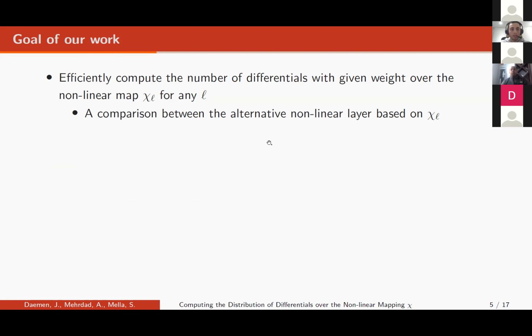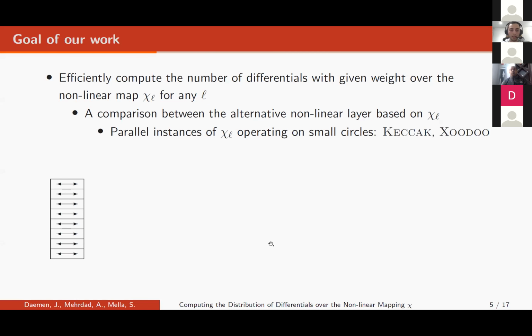So the goal of our work is to efficiently compute the number of differentials with a given weight over GL. If we have the weight and the length of the string, what is the number of strings that can have this weight? That helps us compare alternative nonlinear layers based on GL.